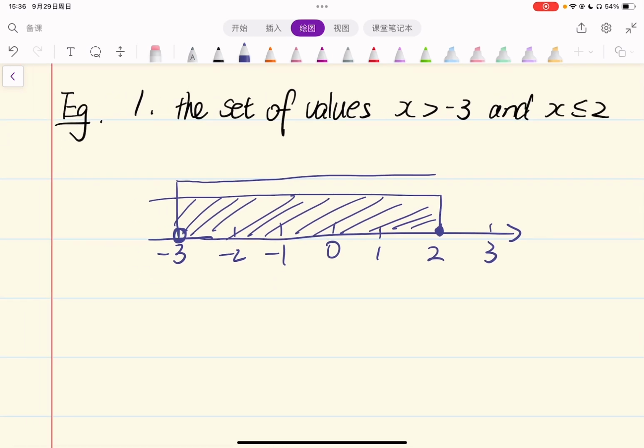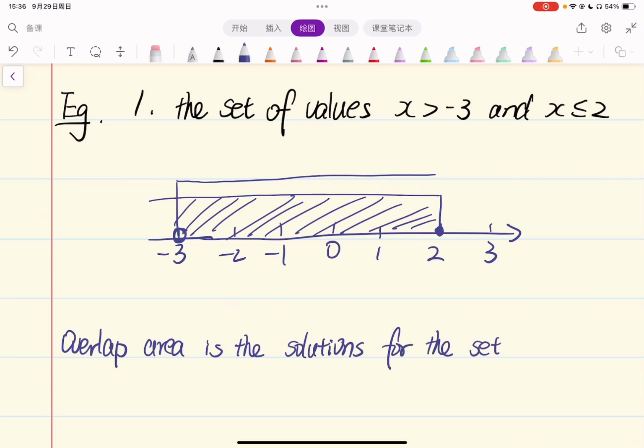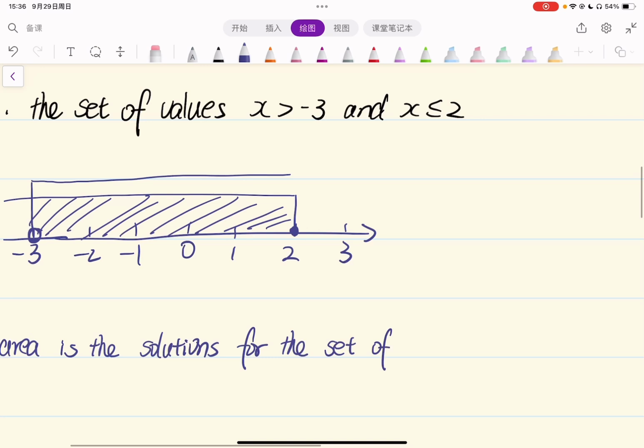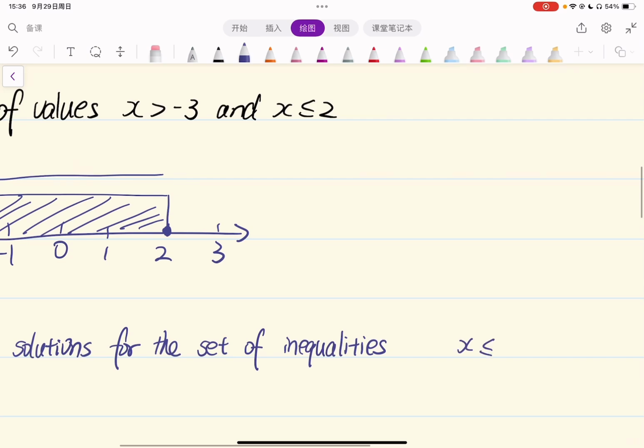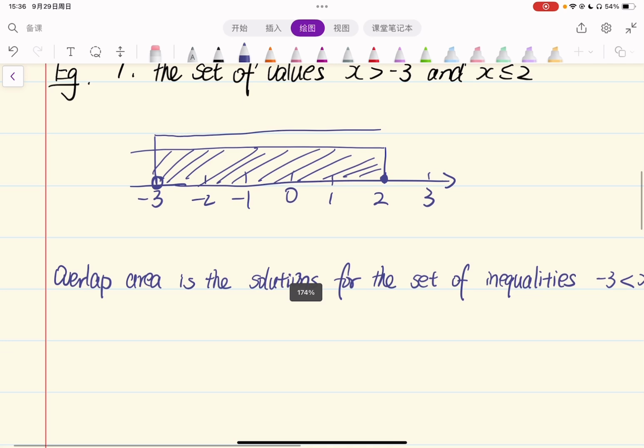So the overlap area is the solution for the set of inequalities: x less than or equal to 2 and greater than -3.